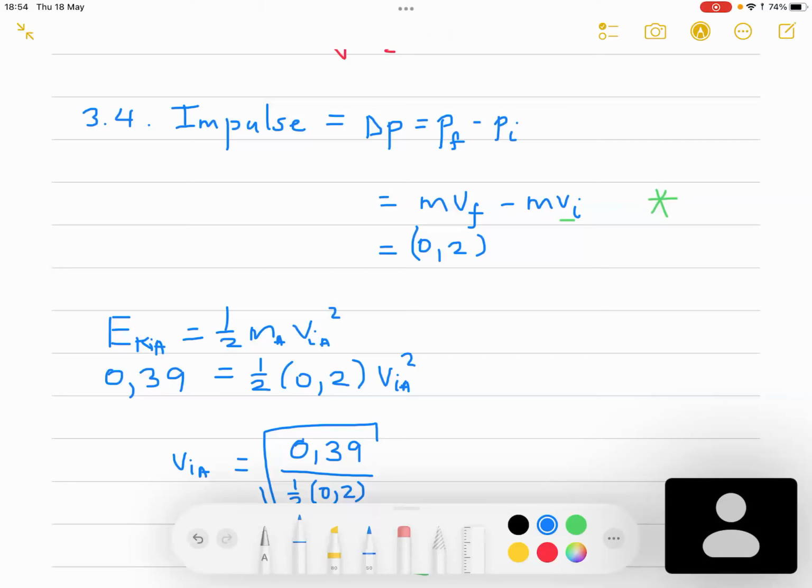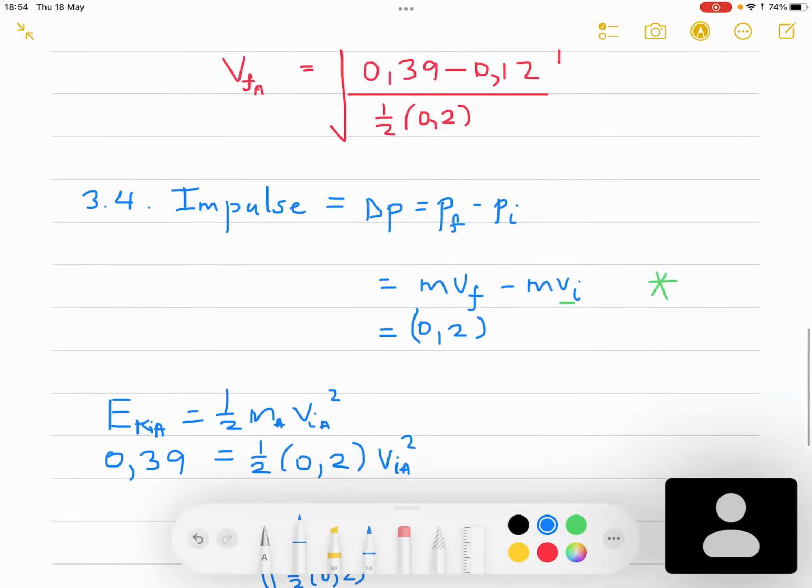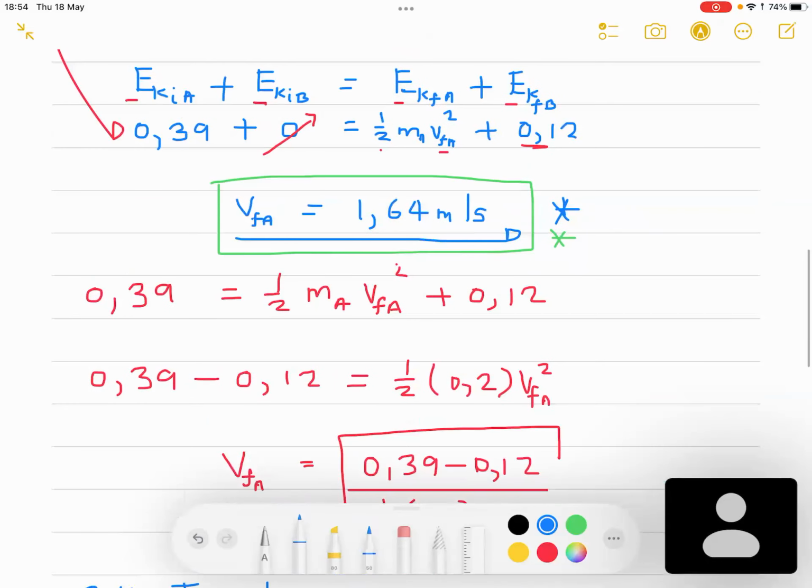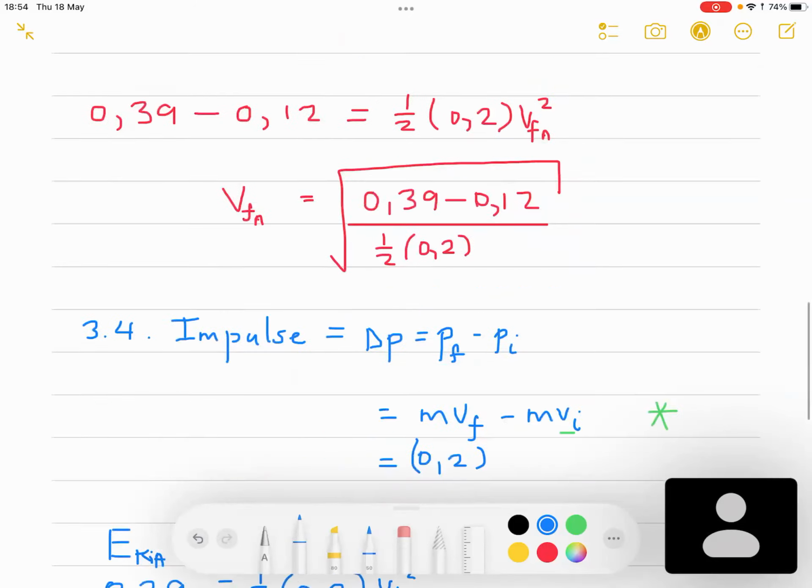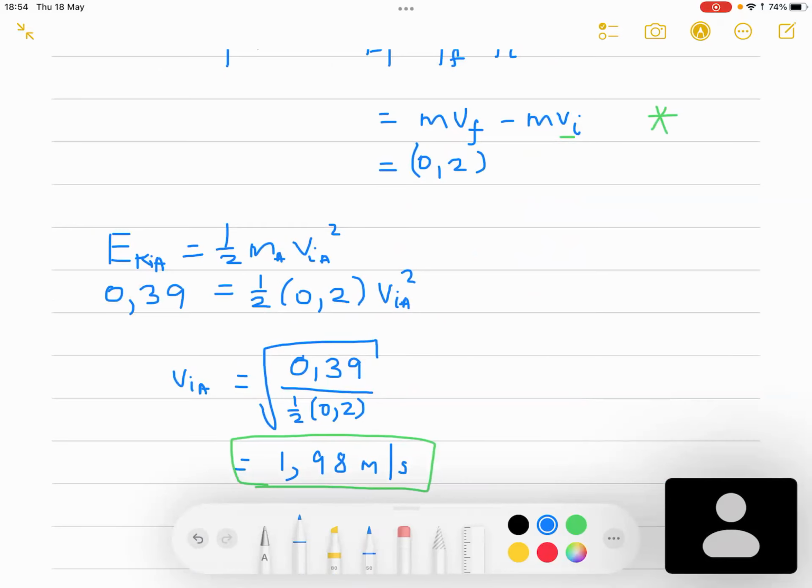So here I've got minus 1.4 minus 0.2 times 1.98.